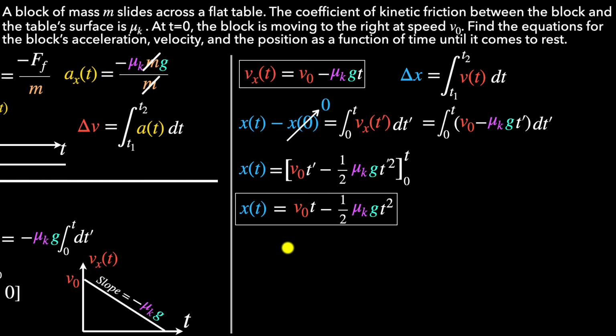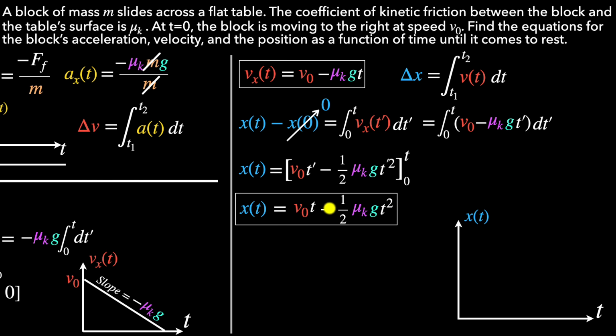And again, if you look at this carefully, you see that it is the kinematic equation. The position at any time t would be equal to the initial position, which is 0 in this case, plus v naught t plus half a t squared. A over here is negative mu k g, right? So what would the position function look like?